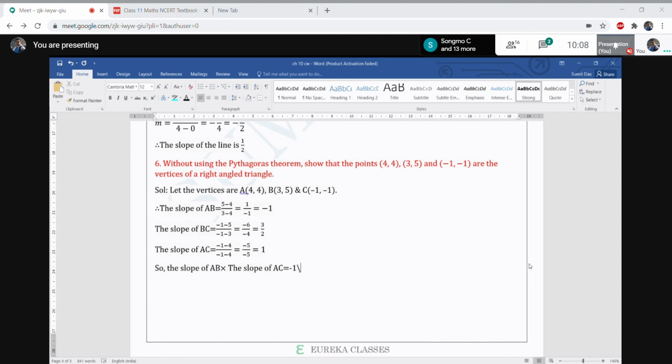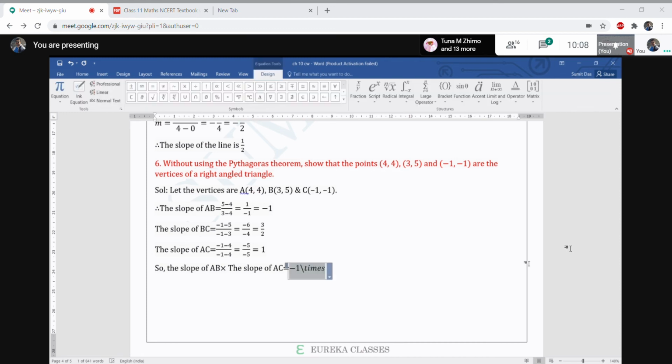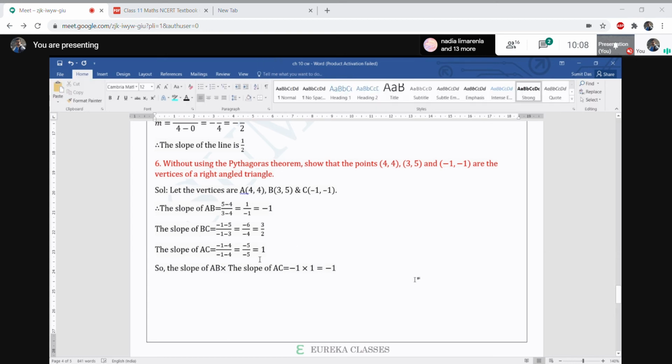Minus 1 into 1, which is equal to minus 1. Okay. So what we can see is the product of the slope of AB and the slope of AC is minus 1.